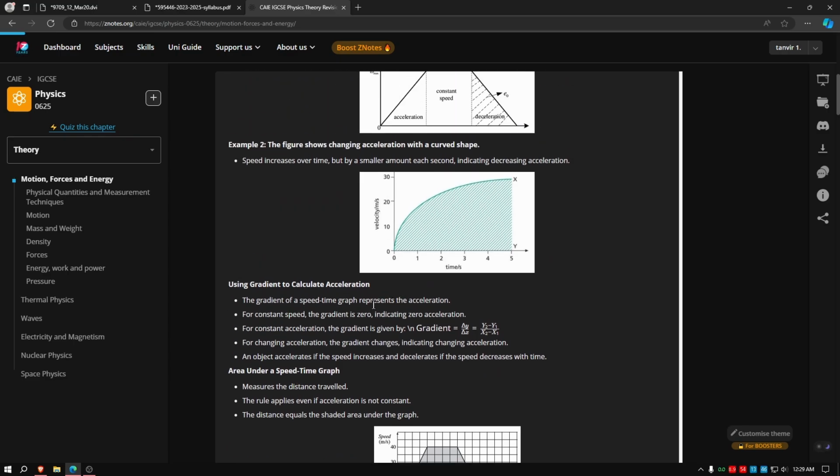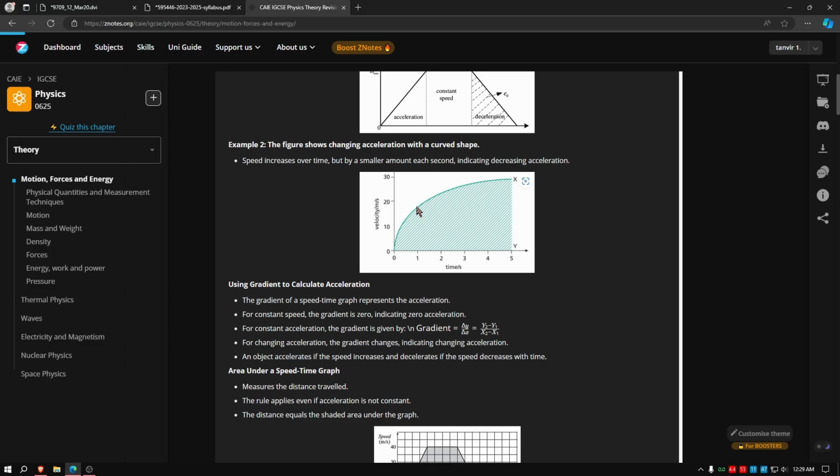The gradient of a speed time graph represents the acceleration. What is the gradient? If you have add maths, you will easily know this formula: y2 minus y1 over x2 minus x1. So if you take any 2 points from this line and use this formula, you can try to search up the add maths formula. I'm not going to completely explain it. It will take a lot more time.